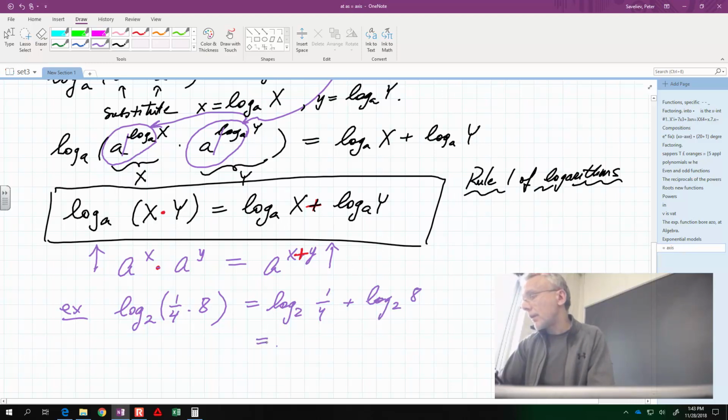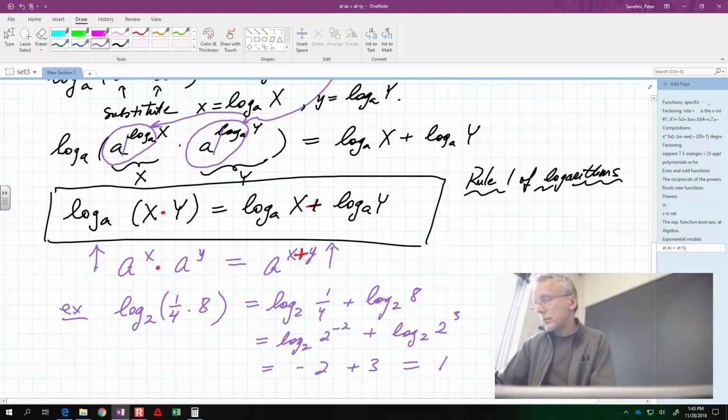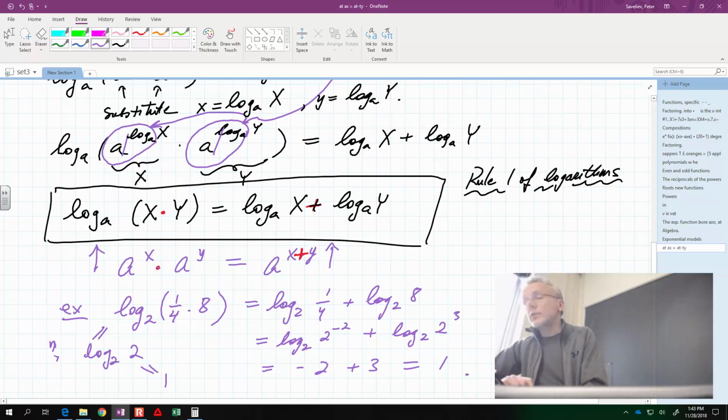Then this is log base 2 of 2^(-2) plus log base 2 of 2^3, and then it's negative 2 plus 3, which is equal to 1. Not surprising, because the log on the left is simply 2. So the answer is 1, just to confirm that the formula makes sense.